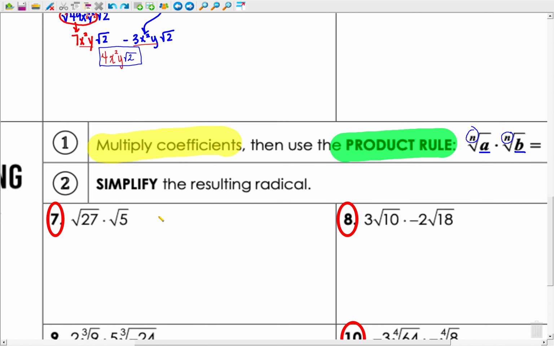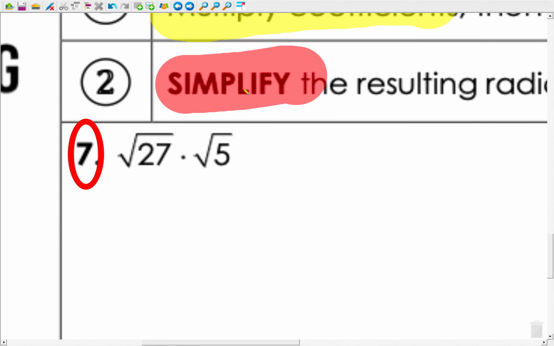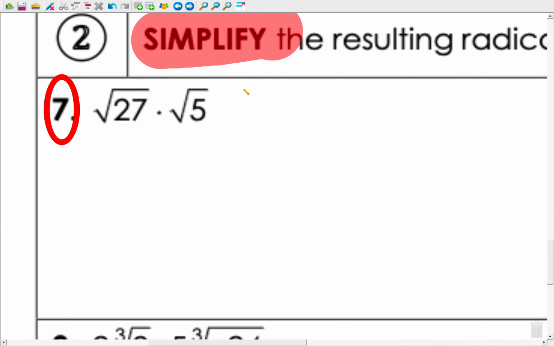Let's look at number 7. I'm using the product rule, which states that when I have the same index, all I have to do is write the index down one time, and if you don't see it, then it's an understood 2.